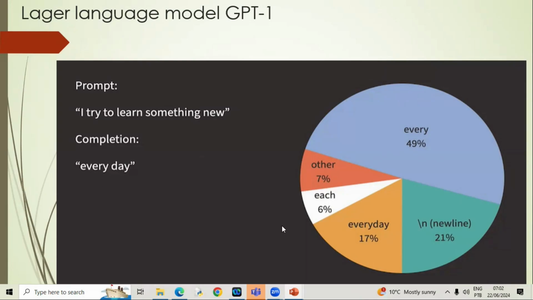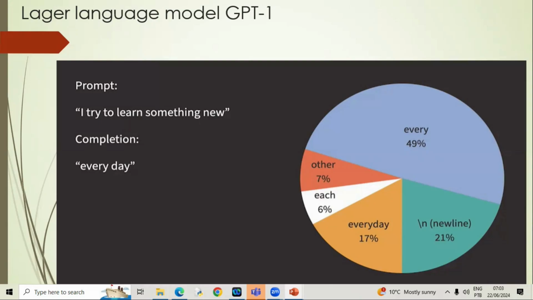So it is saying that, okay, 17% chance is that it may be every day. Now, yes, it may be every and day. That's a separate thing. But 17% chance is that it will be every day, right? I try to learn something new every day. So if you combine, every is almost there, every day is there. So mostly it is every day.